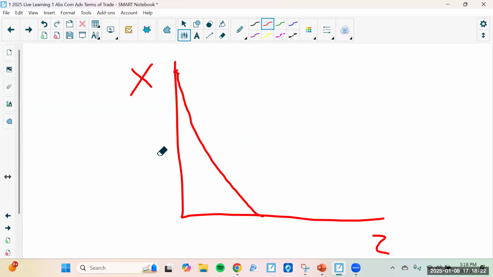To my knowledge, they've only asked this one time on an AP exam, a multiple choice question about 3 or 4 years ago. It could show up this year, but all you need to know is that for a decreasing opportunity cost, in order to gain a unit of Z, at first you give up a lot of X, and then you gradually give up less and less of X. That would be a decreasing opportunity cost.